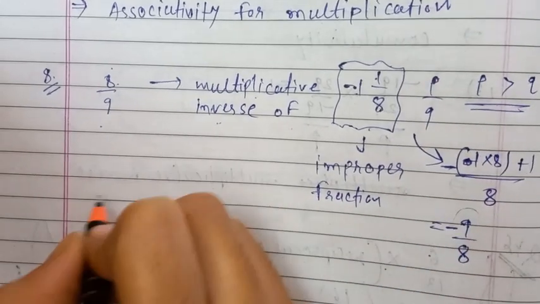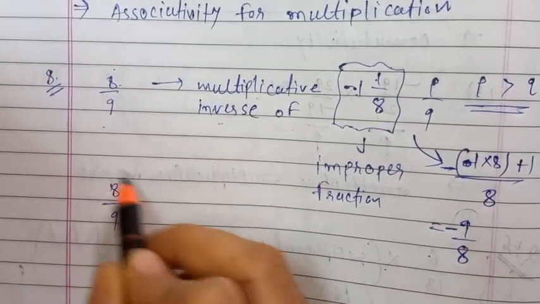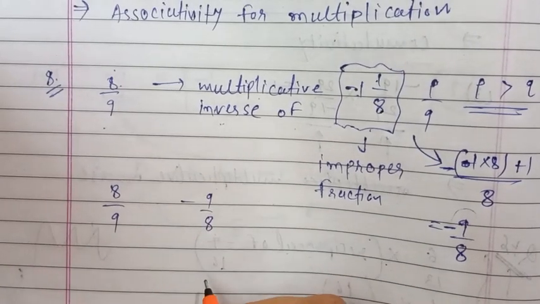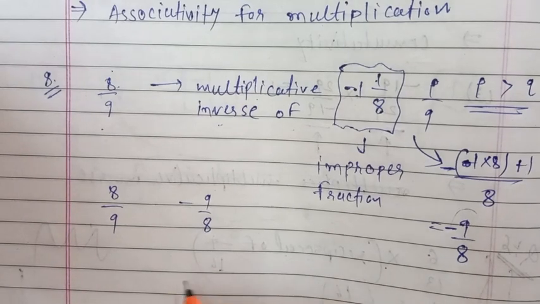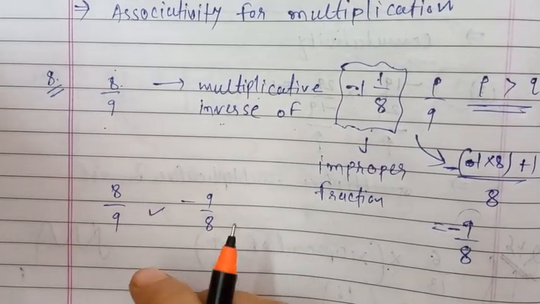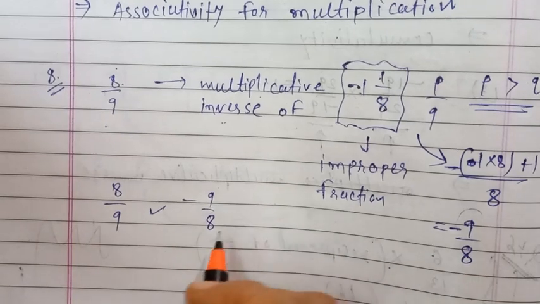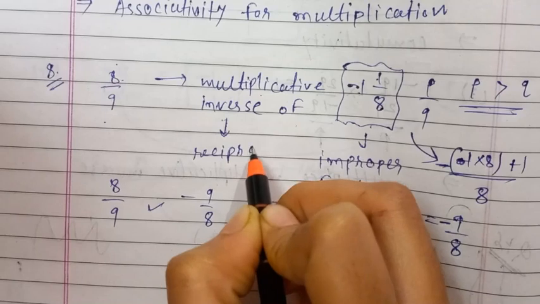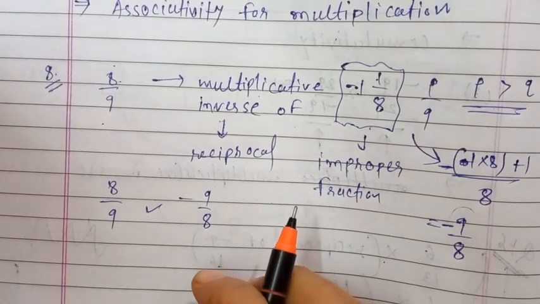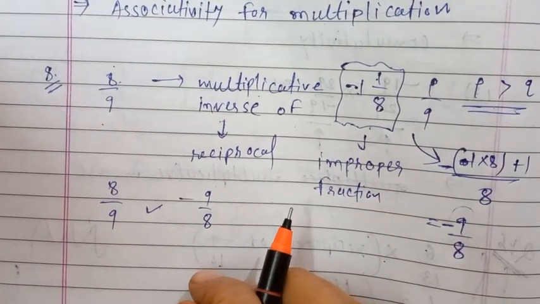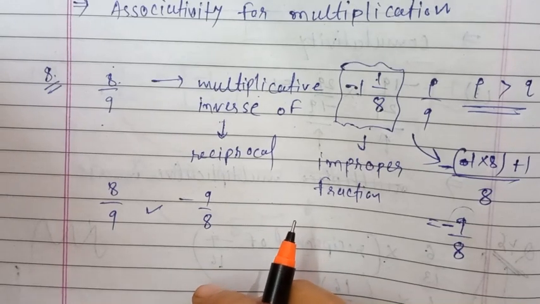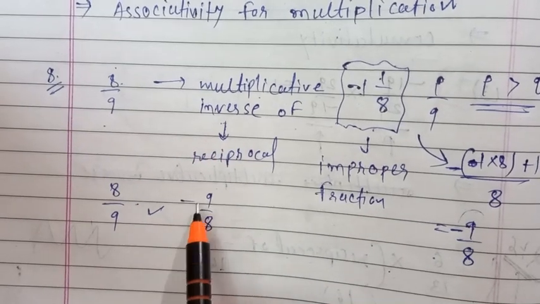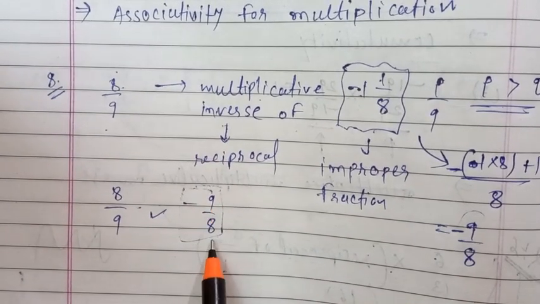So we have to tell whether 8 by 9 is the multiplicative inverse of minus 9 by 8 or not. We studied what multiplicative inverse is: it is the reciprocal. In the reciprocal, we change the position of numerator and denominator; we do not change the sign.